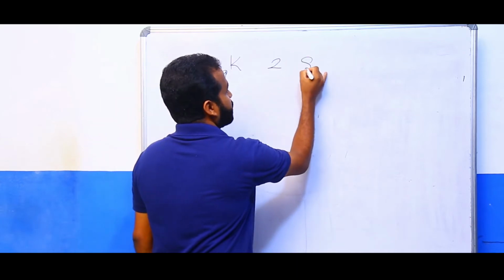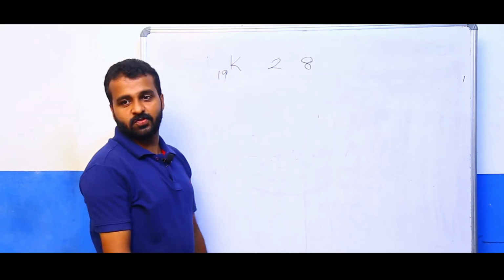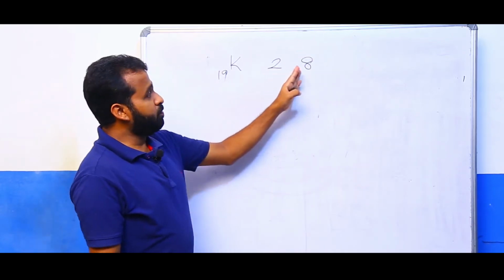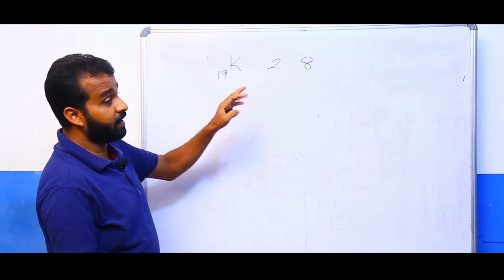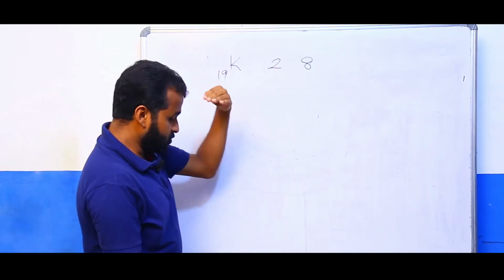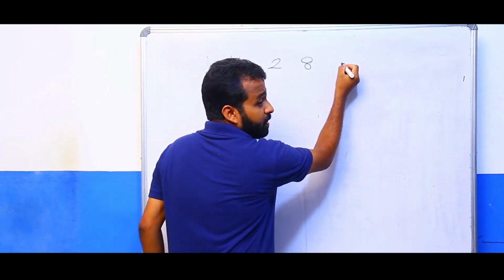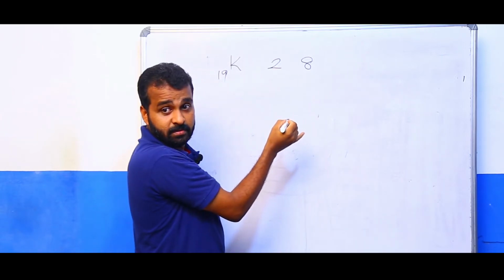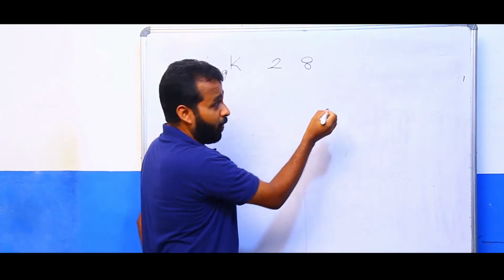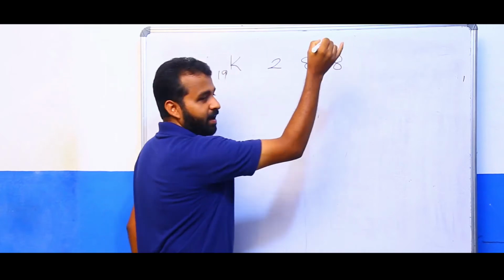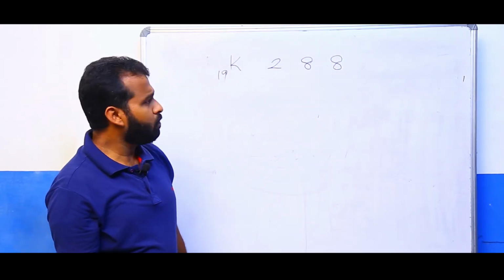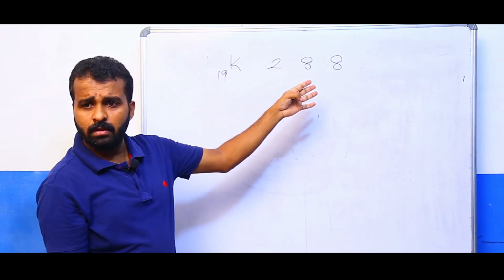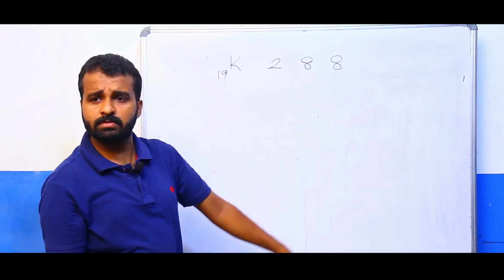Then the second shell has 8 electrons. 2 plus 8 is 10. How many electrons remain? 9 electrons remain. Then the third shell has 9 electrons. No. The third shell has 8 electrons. Why is it so?